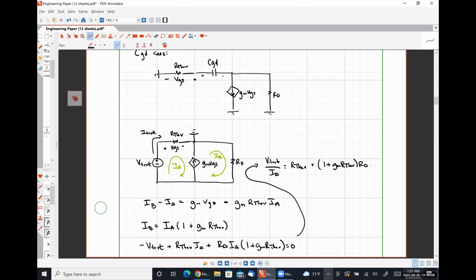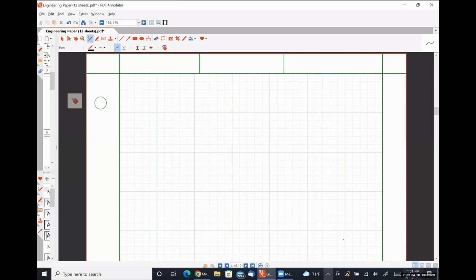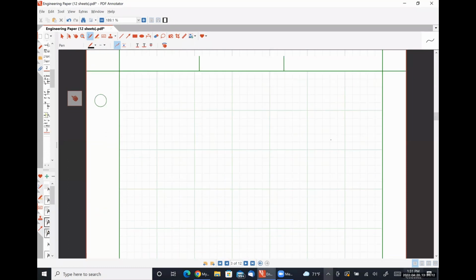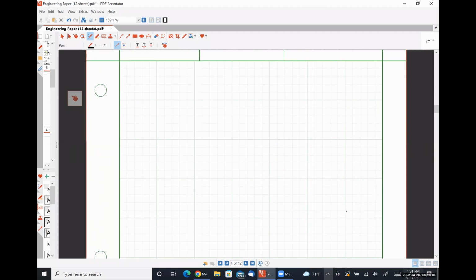All right, so from that result, tau GD is equal to CGD times R thev plus 1 plus GM R thev RD, like so.